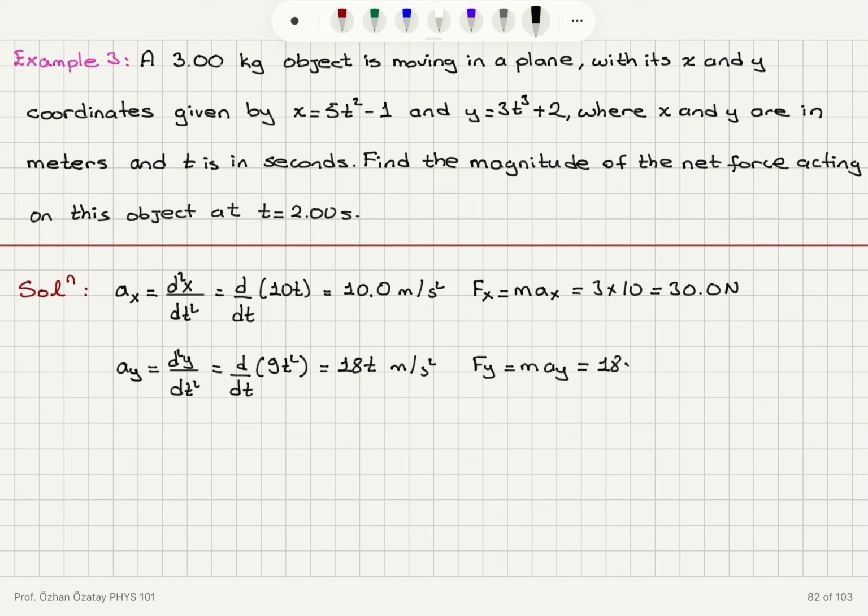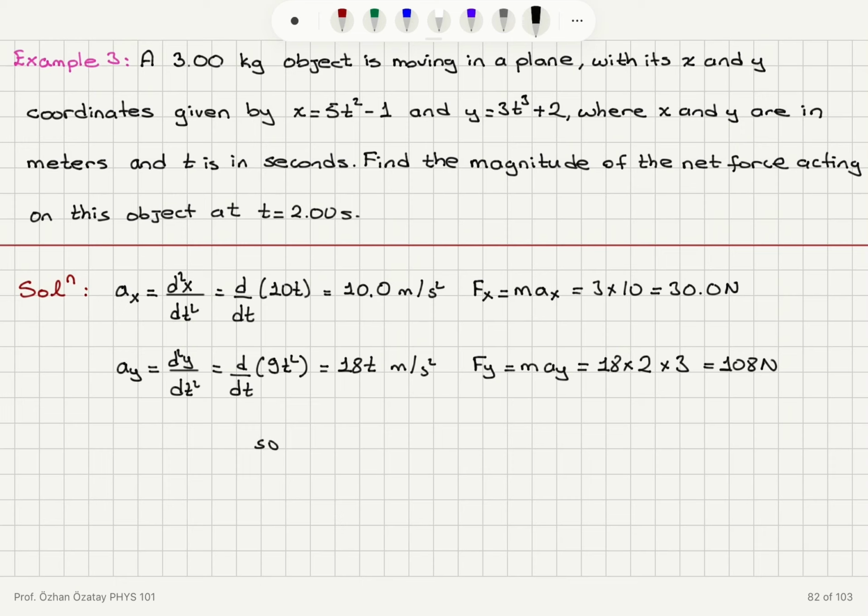That is 18 times, what is the t? Well, we're looking for the force at t equal to 2.00 seconds. 18 times 2 times, so that is our acceleration times mass. Mass is 3 kilograms. So that gives us 108 newtons. What is the magnitude of the net force?